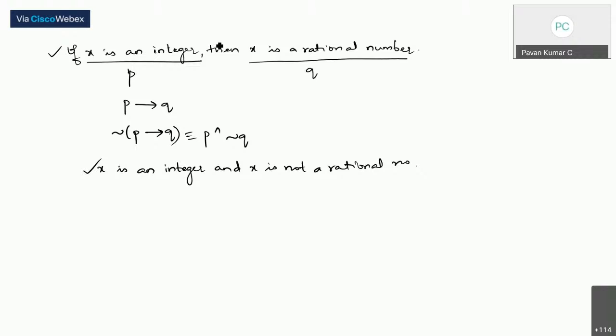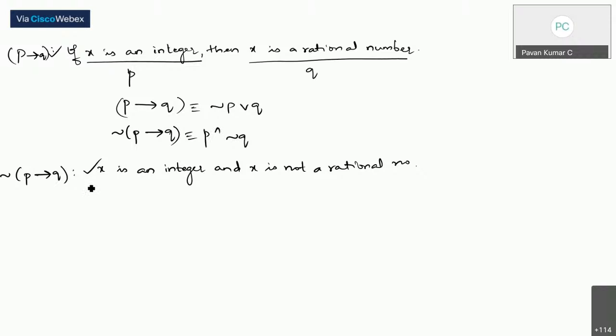That is, if this compound statement is P implies Q, then this statement represents the negation of P implies Q. I don't know how to directly deal with a conditional statement, so I have converted it using the previous law which I have proved. That is, P implies Q is equivalent to negation P or Q. If I apply the negation, it becomes P and negation Q.